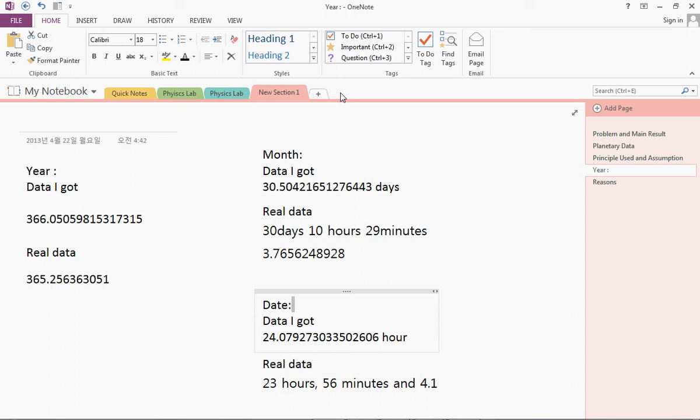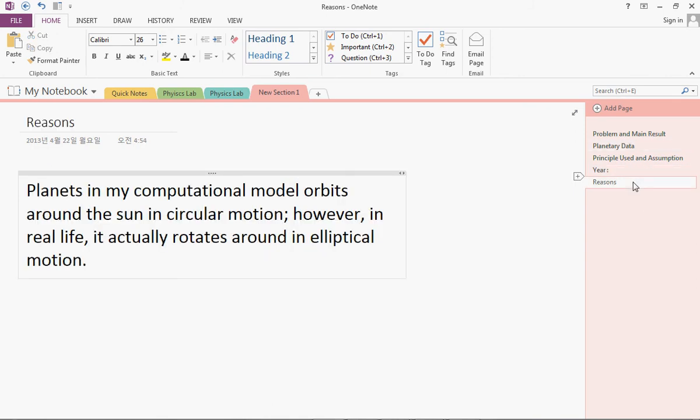Now, the reason why those data are different is from my assumption and my initial conditions. First of all, I said that the only force acting on the planets is gravitational force, right? However, maybe other planets have a force on each other, so that might affect the orbital period, like how long it orbits.